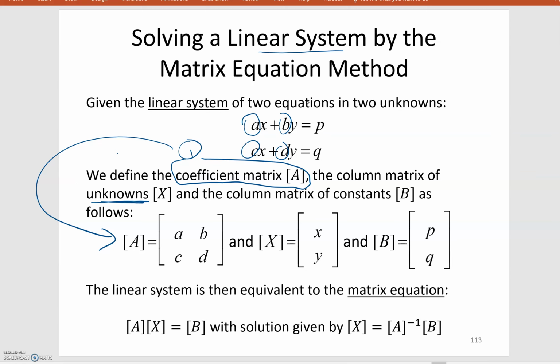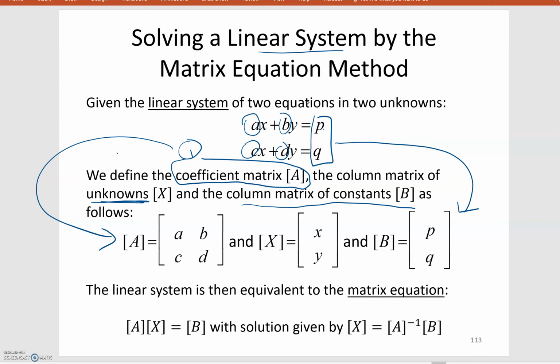And then finally we have another column matrix of constants that is pulled from the right hand side. So you should have nothing in here but these constant values. And if one of these is 0, then you put 0 in for the entry. Okay, and so those are your three matrices.